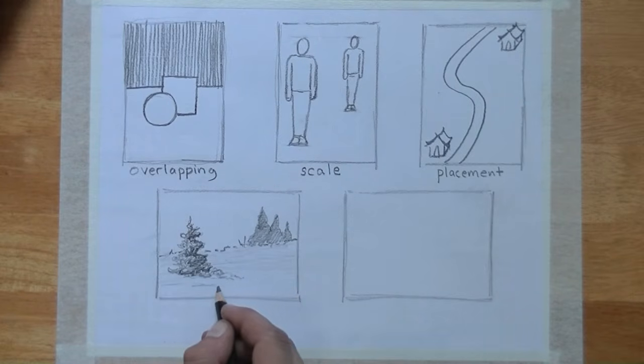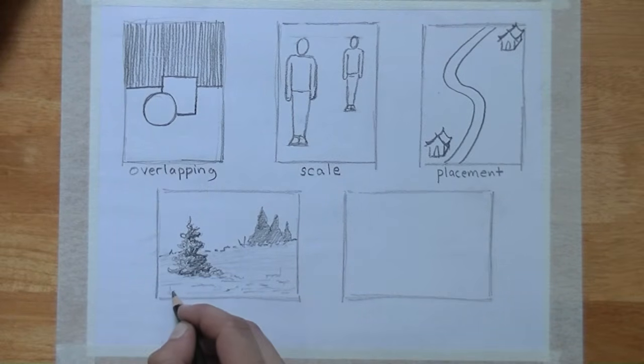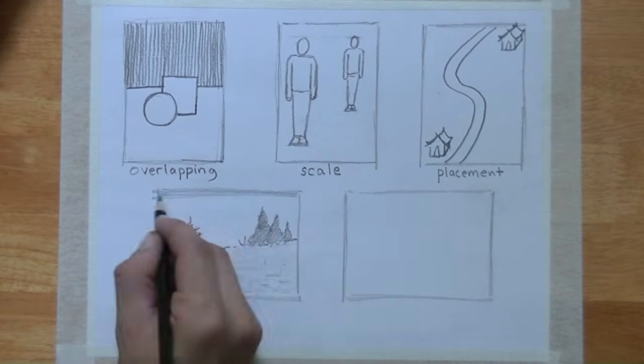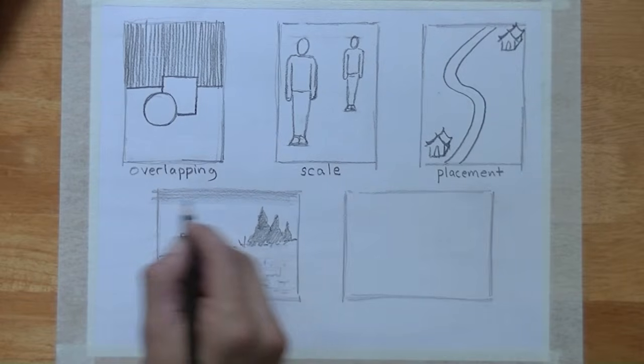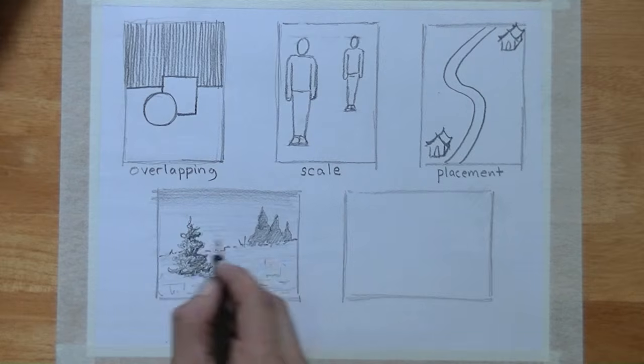For the trees that are farther away, we're trying to leave out the texture, which can sometimes be interpreted as a detail. Also, there are more smaller marks closer or lower on the page on the ground than there are farther away, as if we can see more detail in the grass below the trees.